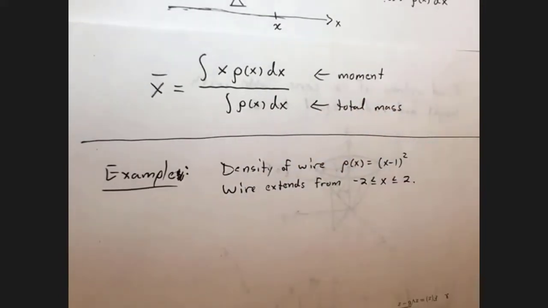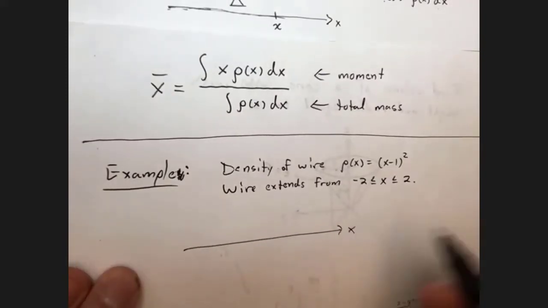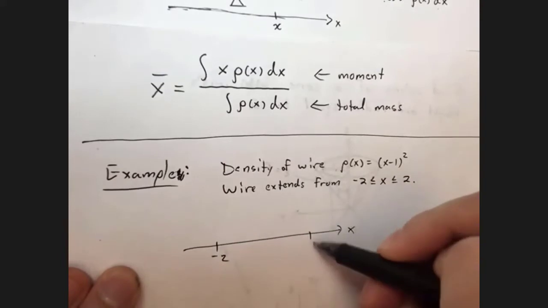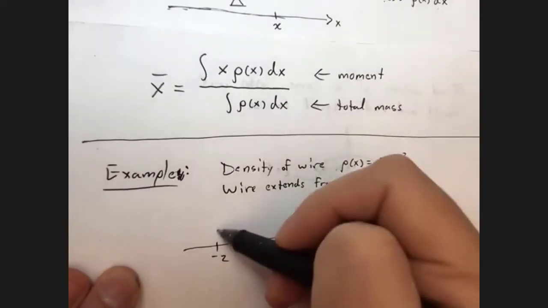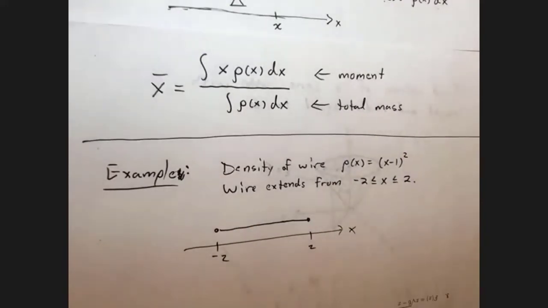On the x-axis, from -2 to 2, we've got this wire, and it has varying density.